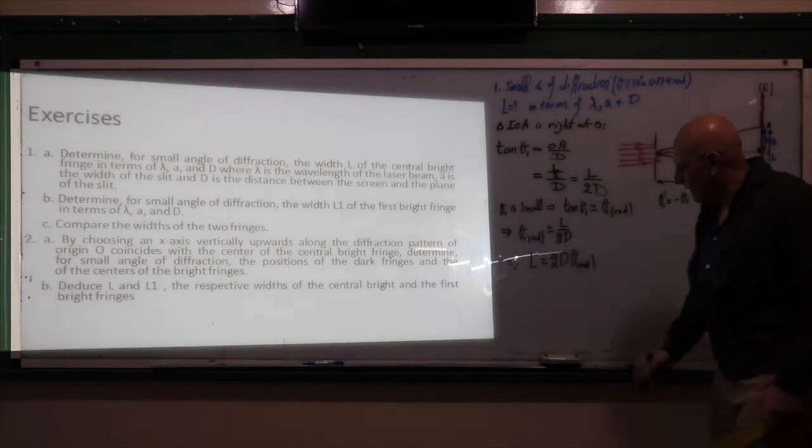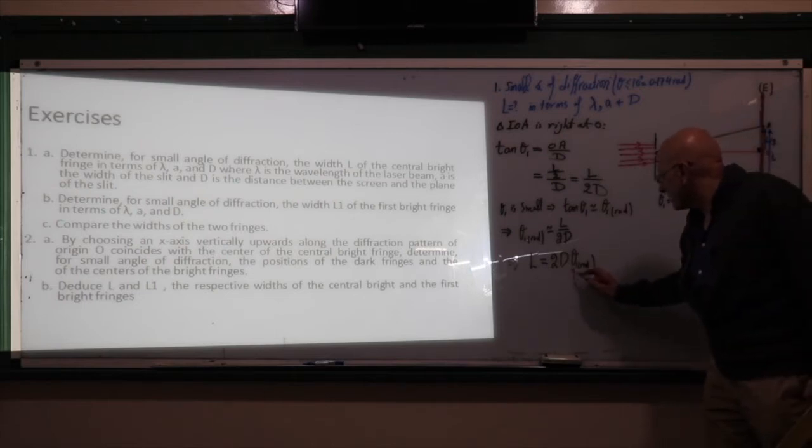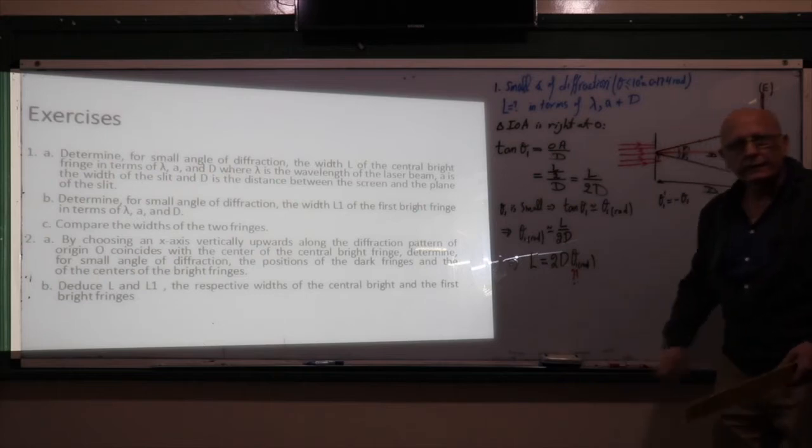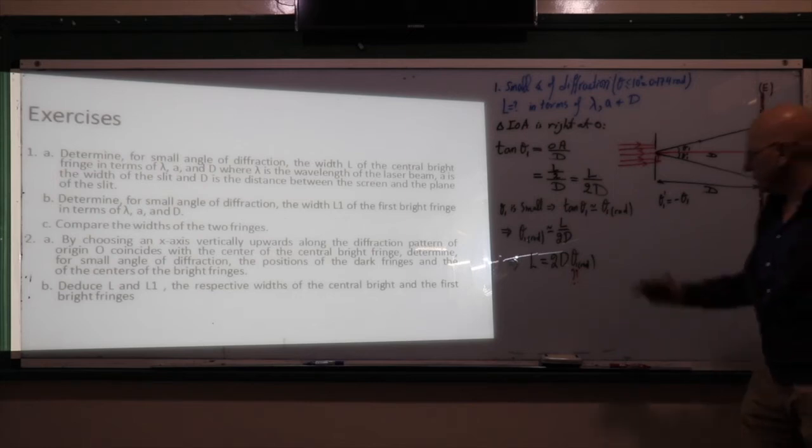Okay, this is L. But what is missing here? Theta 1 is missing. Theta 1, I can find it from the angular position of dark fringes. Okay?